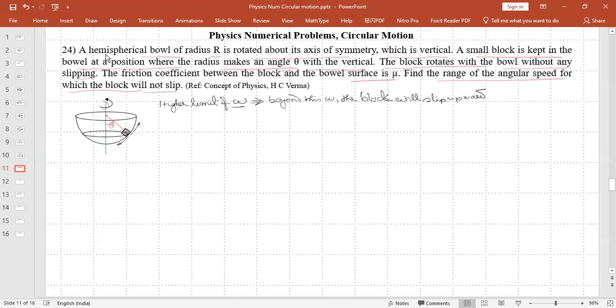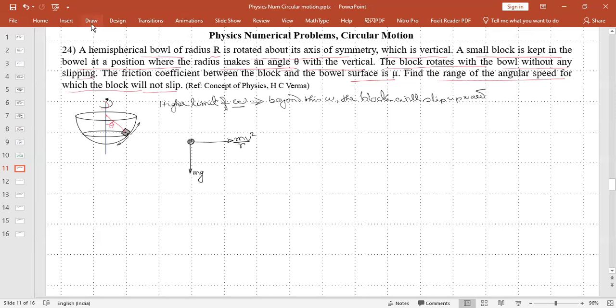And then we write the force equations. Say the block is here. Then what are the forces? It has a force mg vertically downward. And it has a centripetal force, which is horizontal.